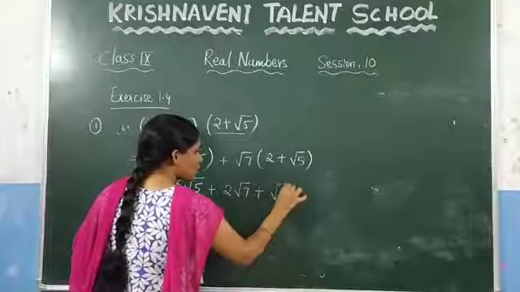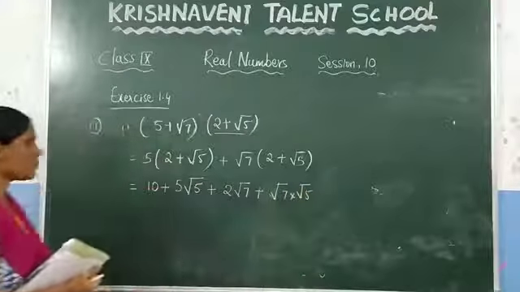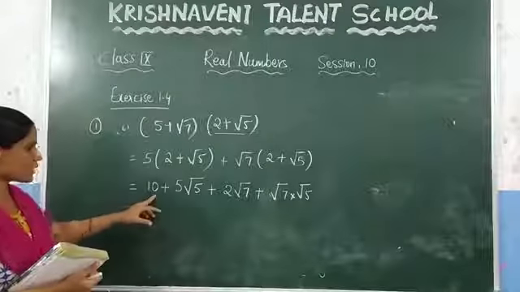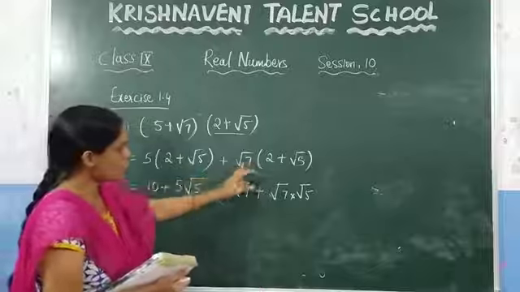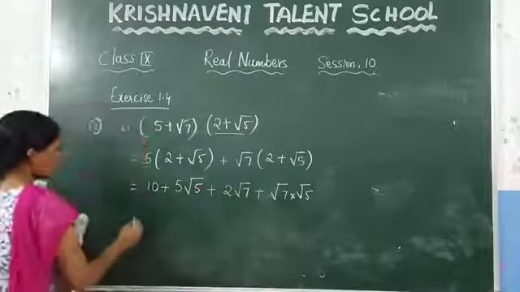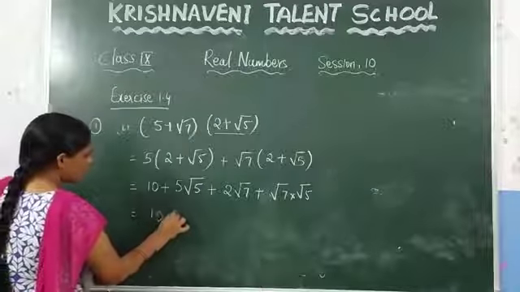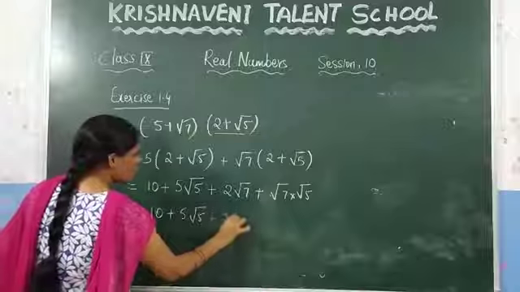You can write it as root 7 into root 5. Okay, how do you multiply here? 5 into 2 which is 10 plus 5 into root 5 which is 5 root 5 plus 2 into root 7, 2 root 7, plus root 7 into root 5. Now calculate this one. 10 plus 5 root 5 plus 2 root 7.